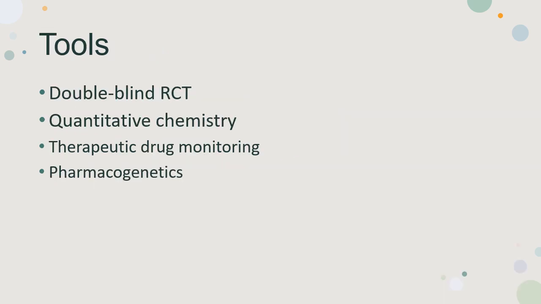Now, there are tools that a clinical pharmacologist can use, such as randomized control trials, all sorts of chemistry, measuring drug levels in serum and seeing how that correlates with outcomes. And that's what therapeutic drug monitoring is. Also, we could look at the genetics and look at how fast drugs are cleared.